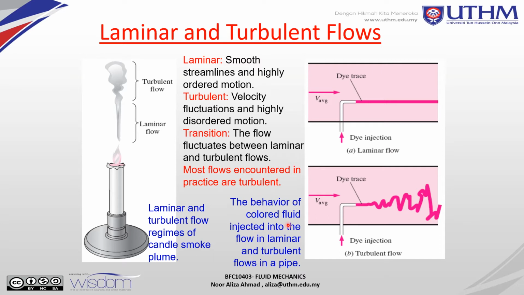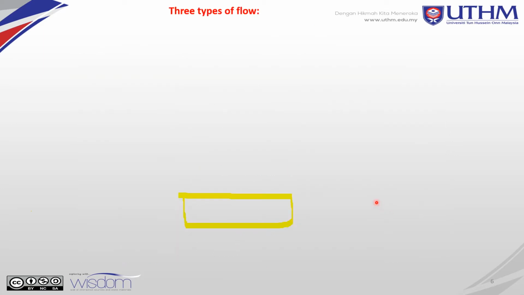So this is the behavior of colored fluid injected into laminar and turbulent flows in a pipe. When the dye is traced in this pipe, we can know that this is laminar flow because it is a smooth line. When it has fluctuated, highly disordered motion, this is turbulent flow.